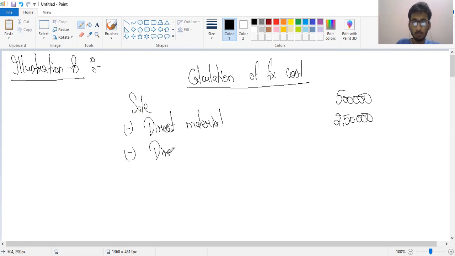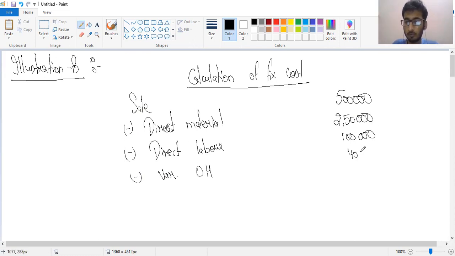Direct labor is 1 lakh. Variable overhead is 40,000. So the contribution, what is the amount of contribution? It is 1,10,000.